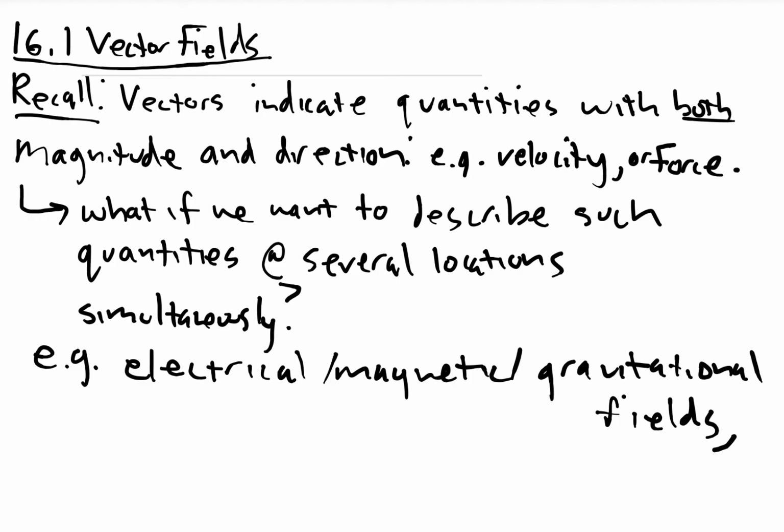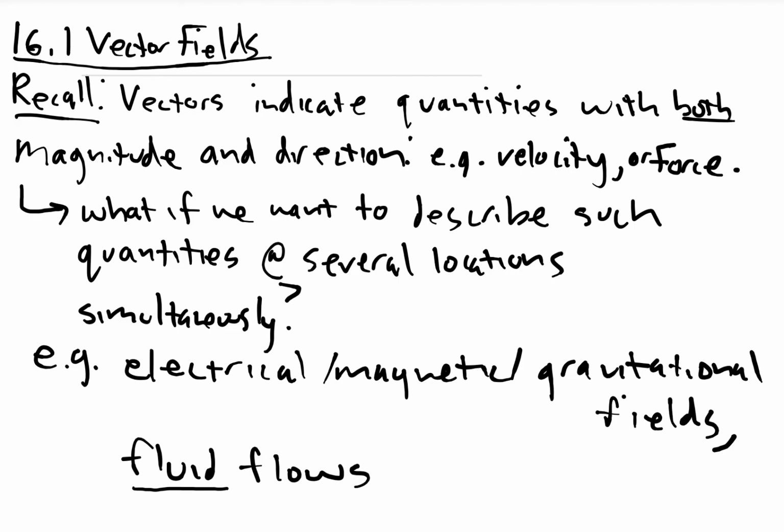Other examples where we might want to analyze different vectors at different locations: we can also consider things like fluid flows. When I say fluid, sometimes this encompasses more than people expect, because gases and liquids both count as fluids. So ocean currents would be an obvious example of this, but also air streams, traveling air, what's going on with wind.